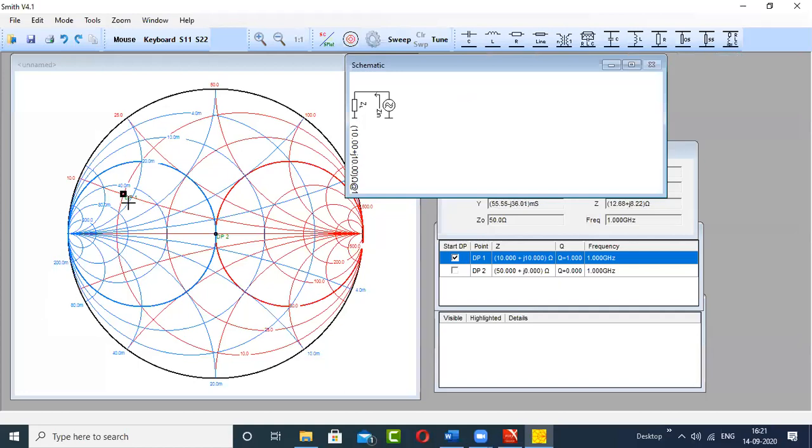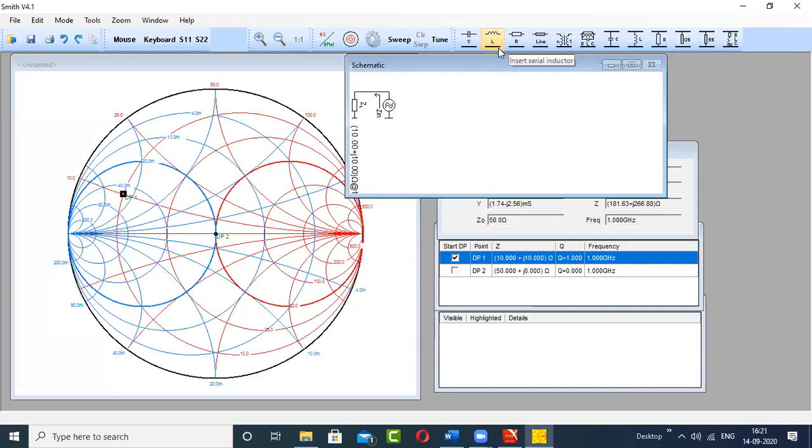This time, I will be moving on that red circle only once again, but this time I will be moving downside, like this. So anti-clockwise on the Z chart. This time I need not a series inductor but a series capacitor, because for clockwise motion you had selected an inductor in series.